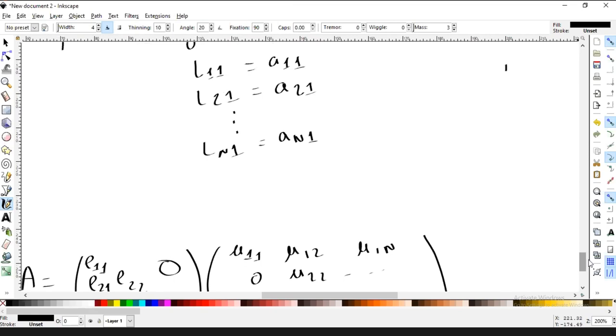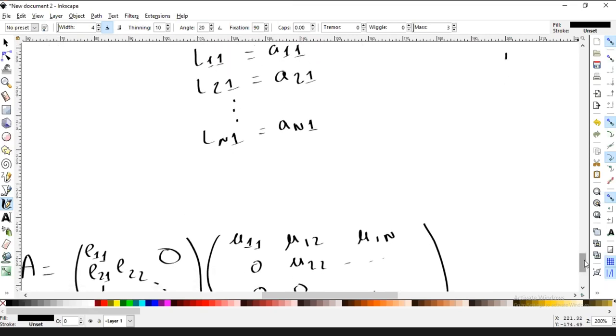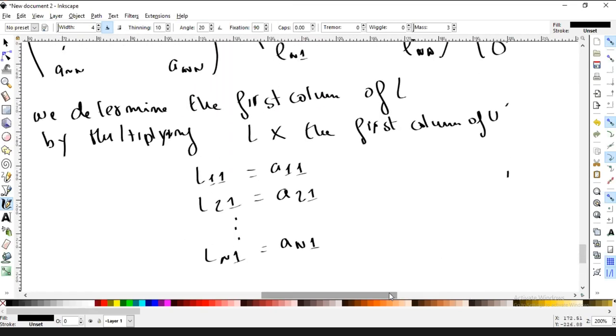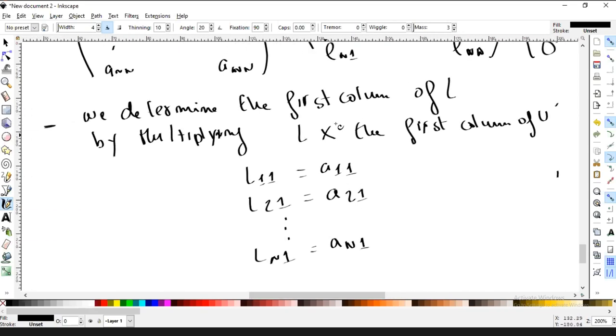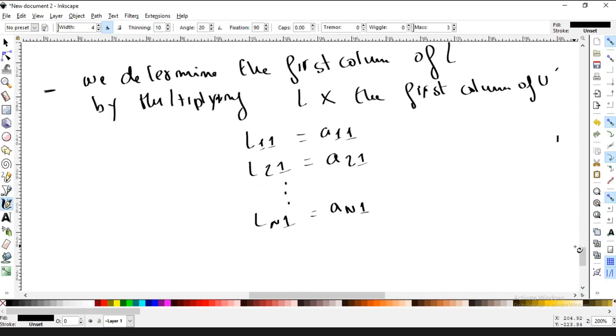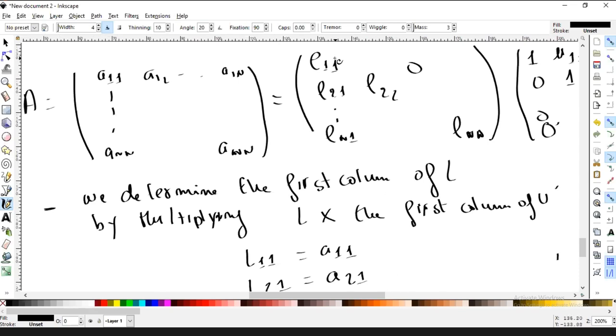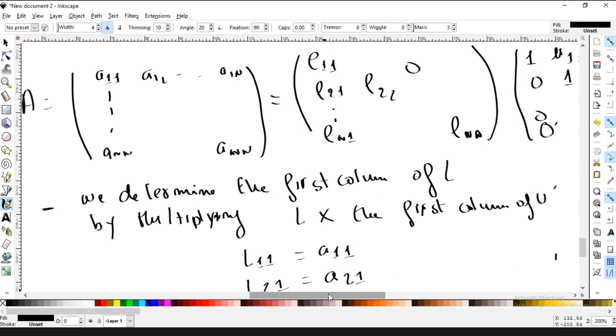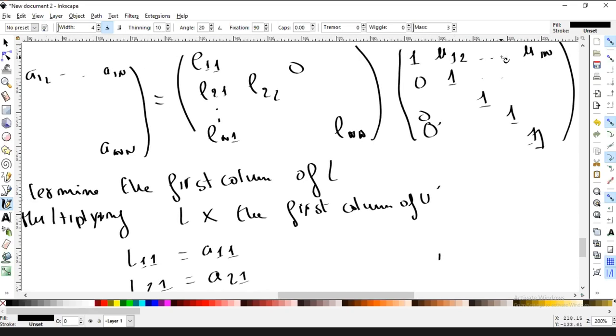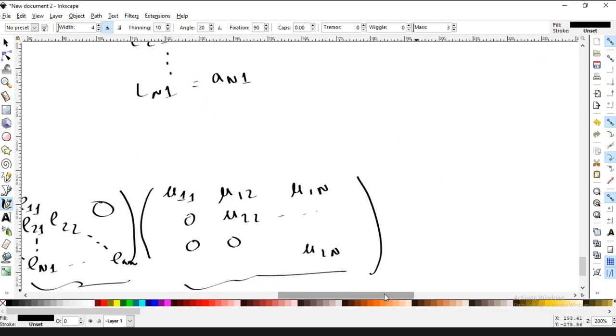Now we continue. At every step we multiply L by the first column of U, and then the first line of L by U. We determine the first column of L, first line of U, second column of L, second line of U, etc. Systematically, we can determine all the elements this way.